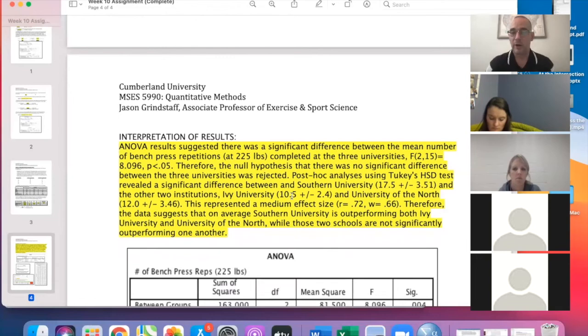We do that through post hoc analysis, and we need to state what test we ran. We've already stated what test we ran to determine if there were differences. It was an ANOVA. Now we need to state what test we used for post hoc analysis, and that was our Tukey HSD test, which determined that there was a significant difference involving Southern University.